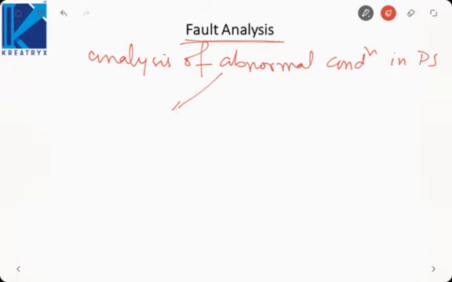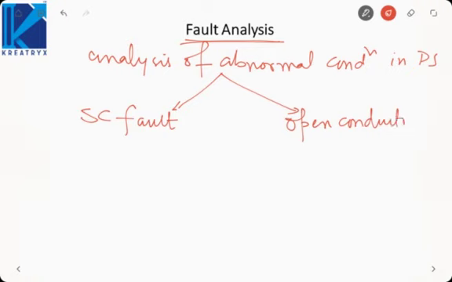Now fault analysis is divided into two parts. Short circuit fault, whenever there is a short circuit it is an abnormal condition, or open conductor fault, whenever any conductor gets open circuited. Now in case of short circuit fault we have the following categories. First is line to ground fault, that is, out of three lines, one is connected to ground.